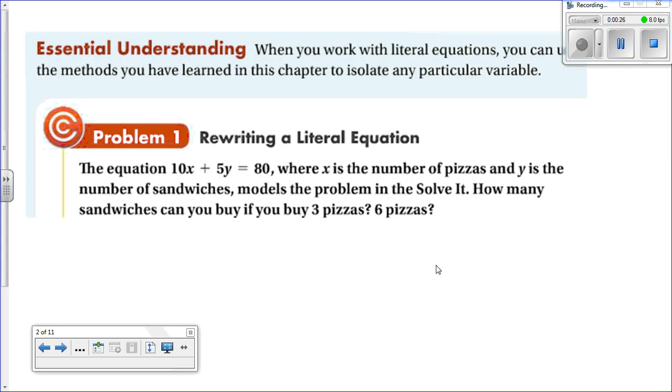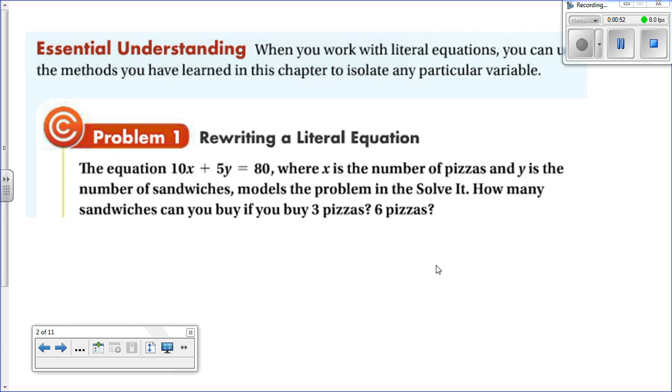So here's our first example. We want to rewrite what's called a literal equation. The equation is 10x plus 5y equals 80, where x is the number of pizzas and y is the number of sandwiches. So we have this formula for some kind of a pizza joint, and it's $10 per pizza and $5 per sandwich.